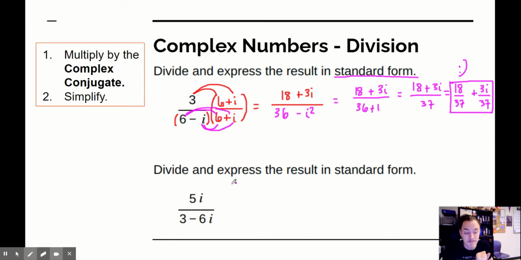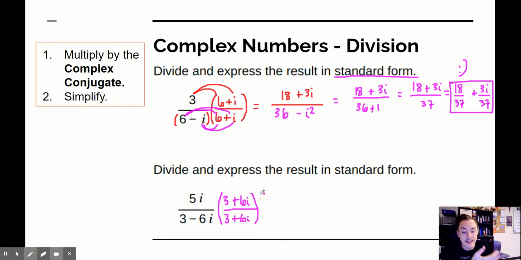Okay, let's start. So I'm going to multiply by the complex conjugate. So this is 3 plus, in this case, 6i. And I'm going to do the exact same thing here. 3 plus 6i. The purpose, again, is to get the i's out of the denominator. That's really the purpose.